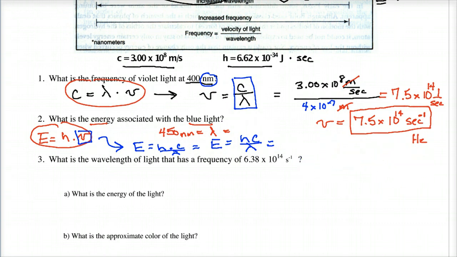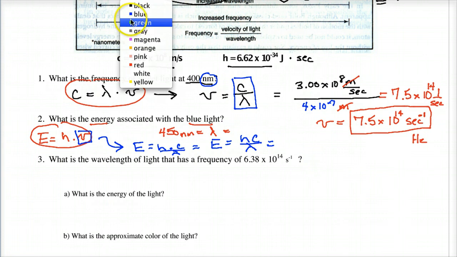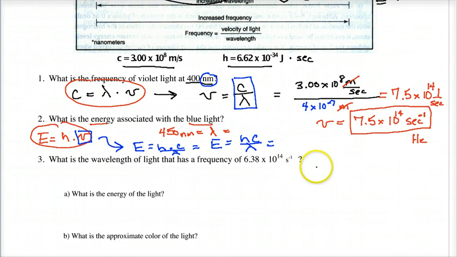Okay, so let's redo it and let's change the color because I can. 6.62 times 10 to the negative 34 joules seconds. Okay, that's my Planck's constant. Speed of light, also another constant given to you, 3.00 times 10 to the 8 meters per second. You should know this one by heart eventually.